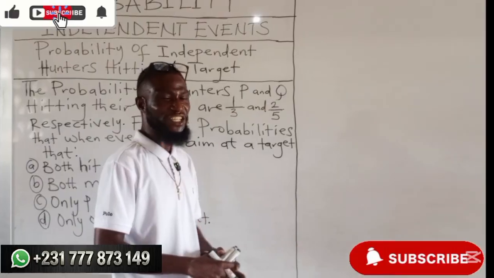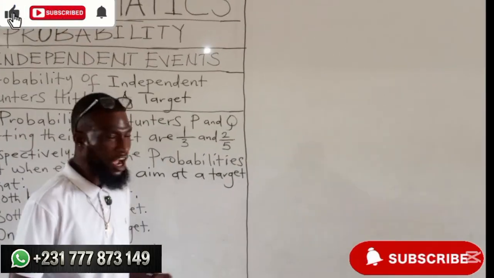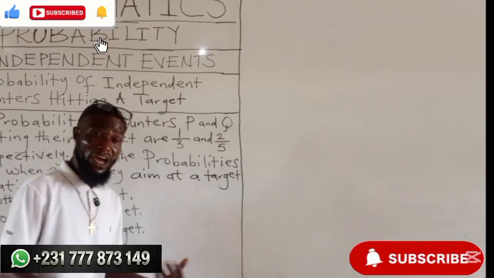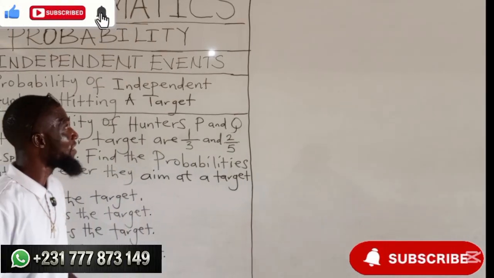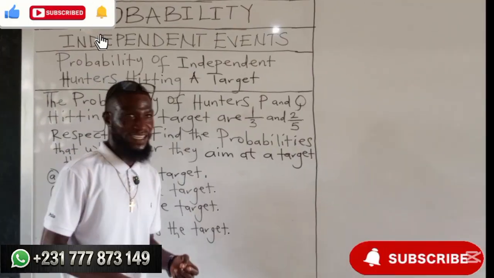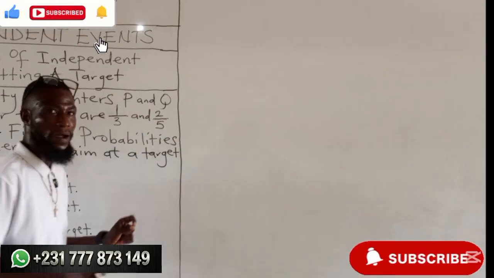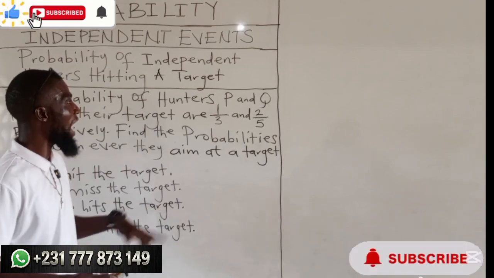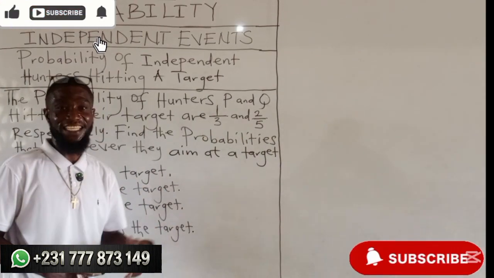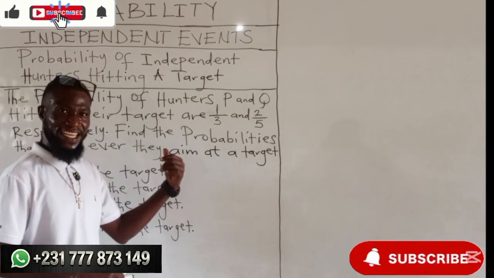On this note, ladies and gentlemen, based on this information given, we'll be looking at the problem to solve. This problem involves two independent events: the hunter P hitting the target, and hunter Q also hitting the target. These are the two independent events involved in this problem.